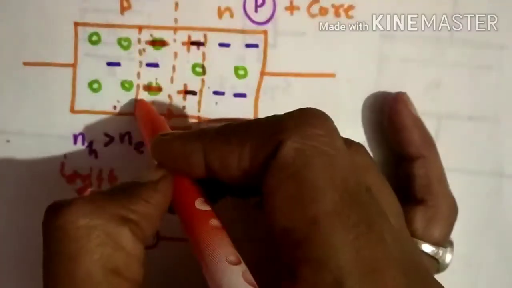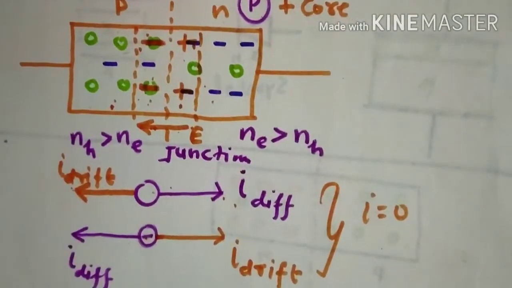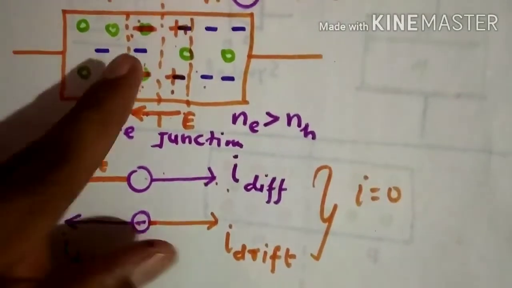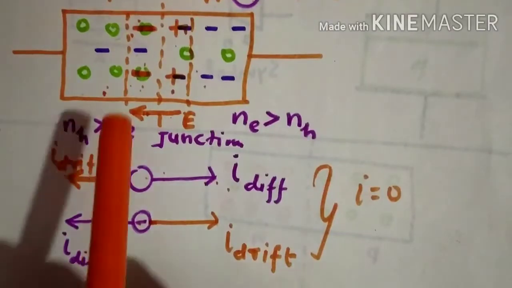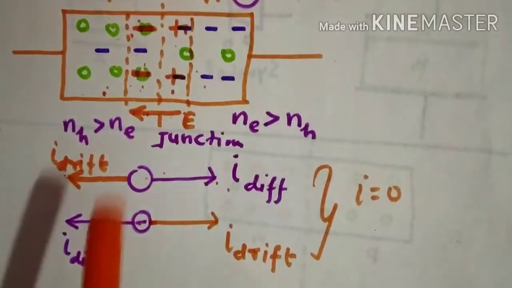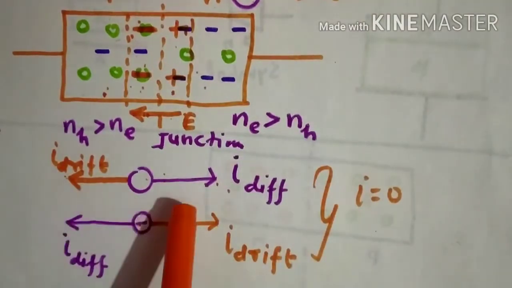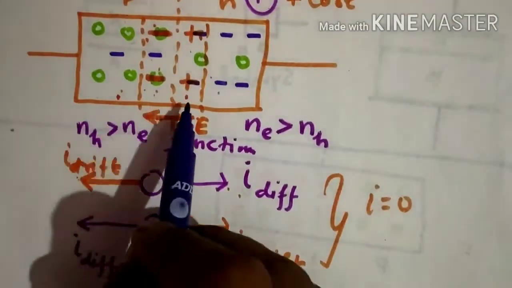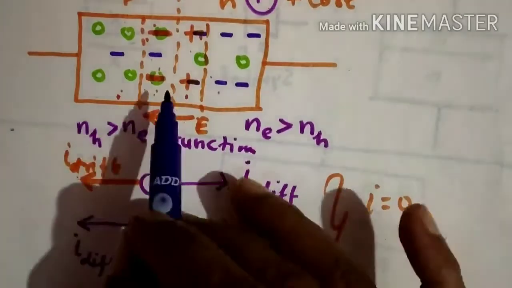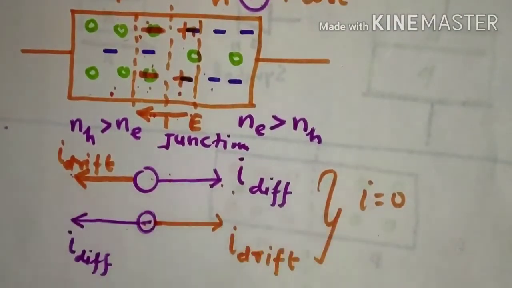So this region is known as the depletion layer. Because of its character, the name depletion layer has been given. This is the layer of immobile charges due to which the net current, the drift current as well as the diffusion current in the diode, becomes 0. When the depletion layer is set up, it stops the flow of current.